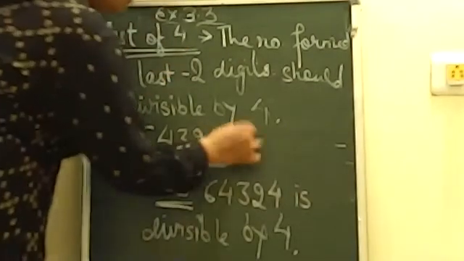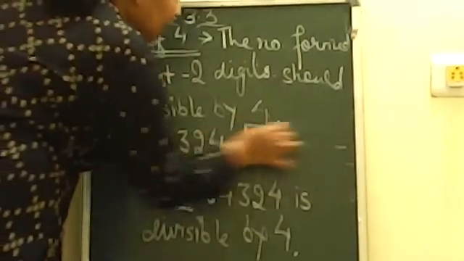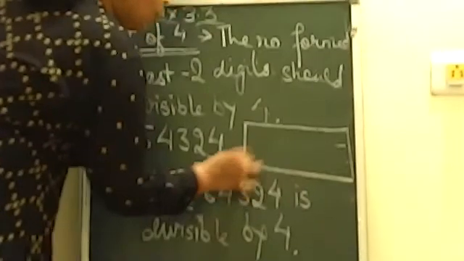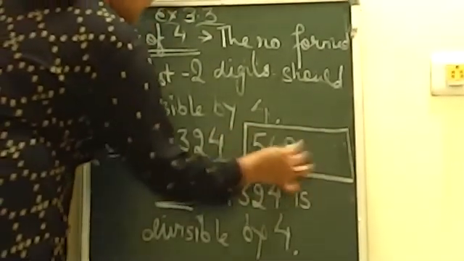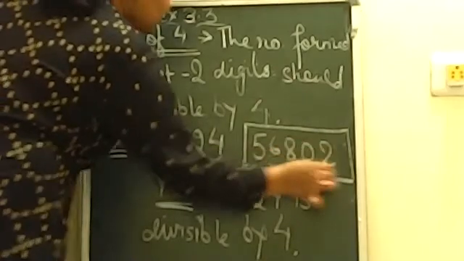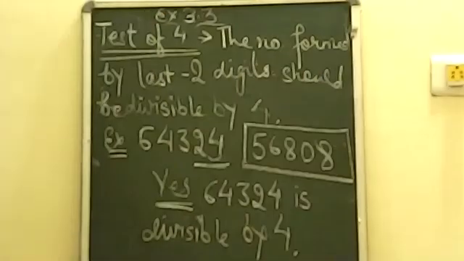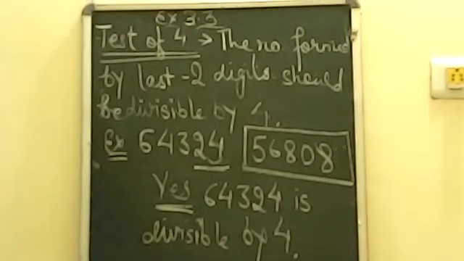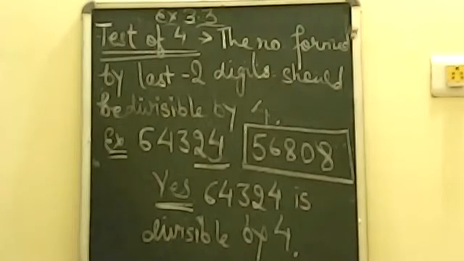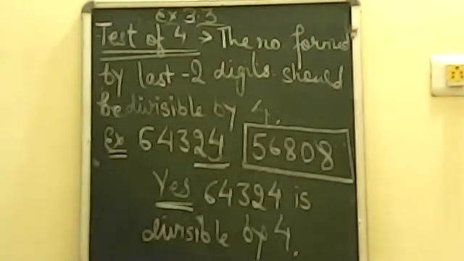Please help me out, will this number be divisible by 4 or not? I am writing it over here: 56808. The number written in the bracket.